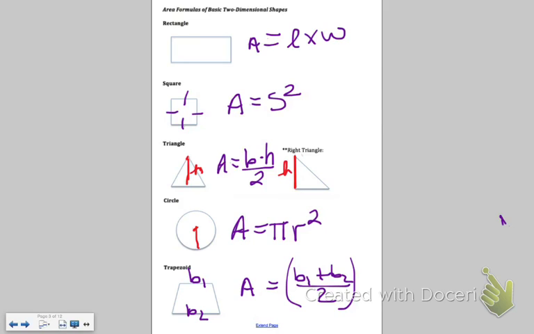We're going to cut that number in half and then multiply it by the height. So the height of your trapezoid will always be given to you. It'll be a segment where it looks like it's creating a triangle on the end. So this would be our height. So we're going to go on ahead and look at some shapes and apply these formulas to find the total area of the shape that we're given.